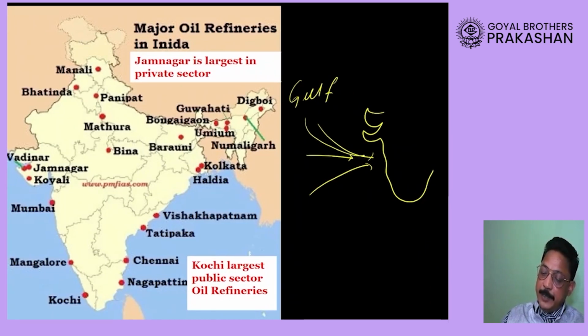After we import it, we purify it near the seashore in order to reduce the cost of transport, and second, also to reduce the risk of transport. That is why most of the oil refineries are located on the seashore.